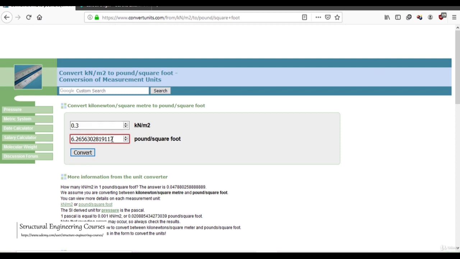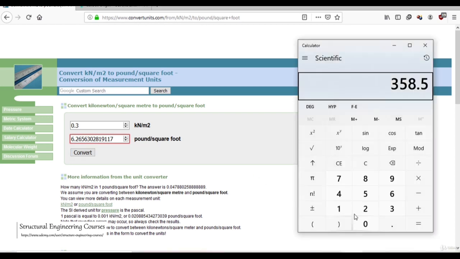And now we need to multiply it with bay spacing. So 6.3 needs to be multiplied with the bay spacing, that is 25 feet. So it comes out to be 157.5 pound per linear foot, also called PLF.